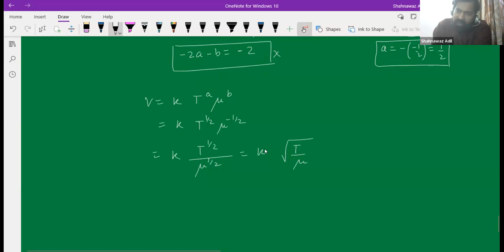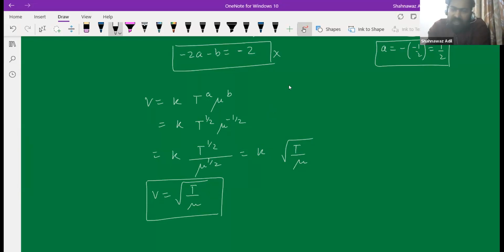From experiment, this K value is 1, so V equals root of T by mu. This is the velocity of the transverse wave in the stretched string.